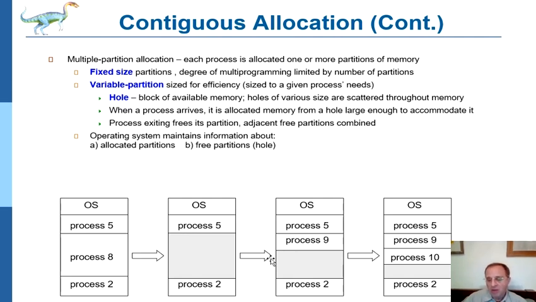But we do have a problem which we have to think about. In this diagram, what if a process like 11 comes along and its size is the size of process 8? Well, of course we don't have a place for it. Well, that's fine. But maybe we'll see a different example.